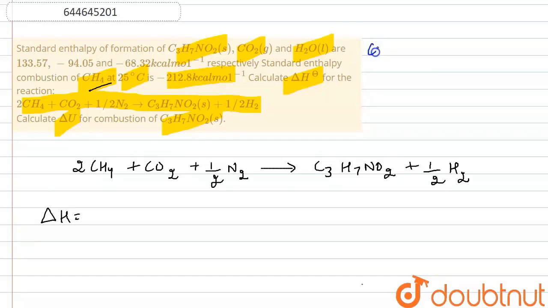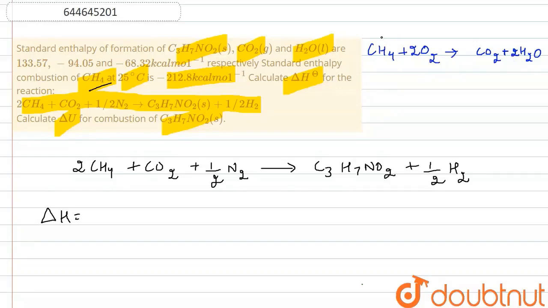The combustion reaction of methane will be methane reacting with oxygen O2. It will form CO2 as well as H2O. Balancing the reaction, we have plus 2H2O.